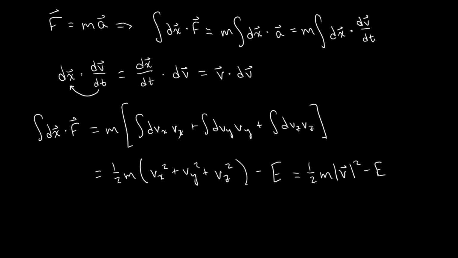But remember that this very first integral here was also equal to minus U of x. And I'll give this first thing here the name T of v. This is the kinetic energy.